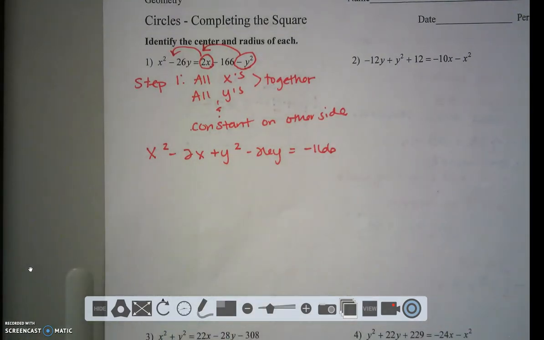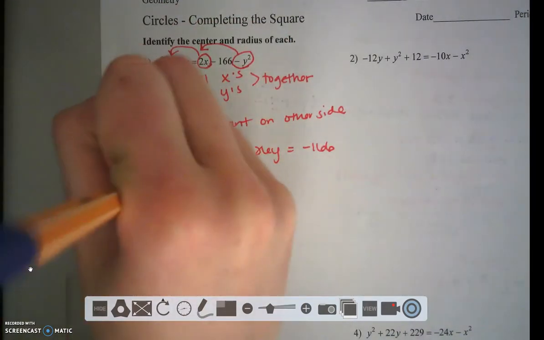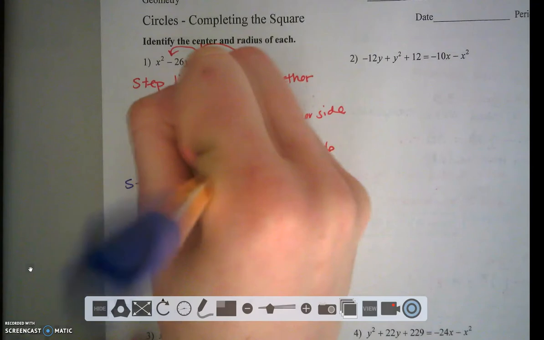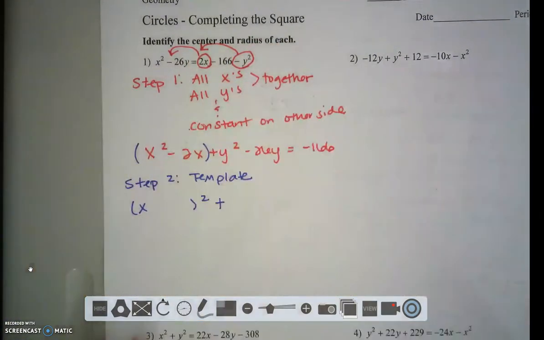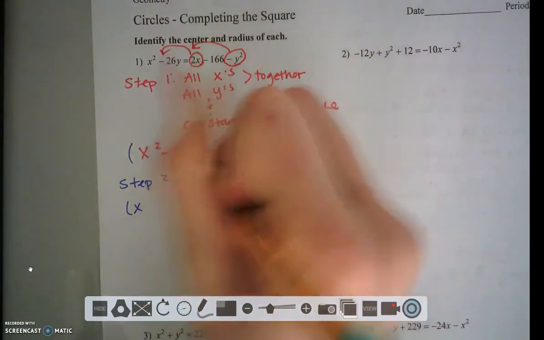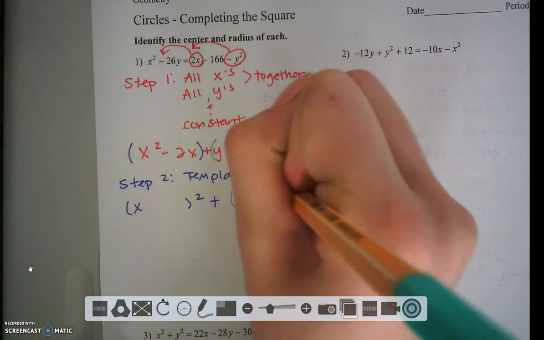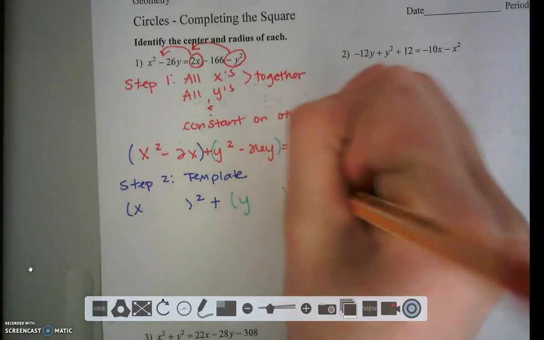So now I'm actually going to complete the square very much like we did on the other side. But now I need 2 vertex templates. So step 2, template. I'm going to have an x and a squared. And I'm going to have a y and a squared. And this is still going to equal my constant, the negative 166.